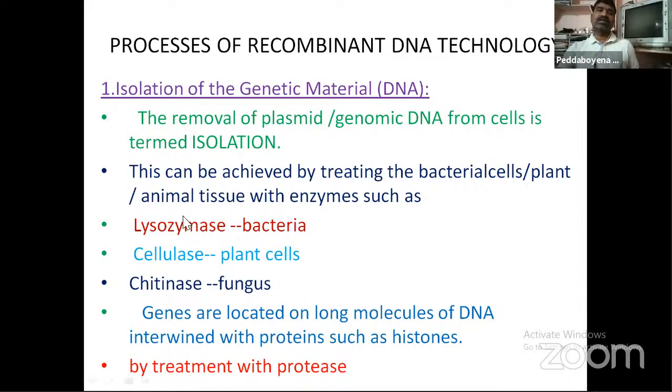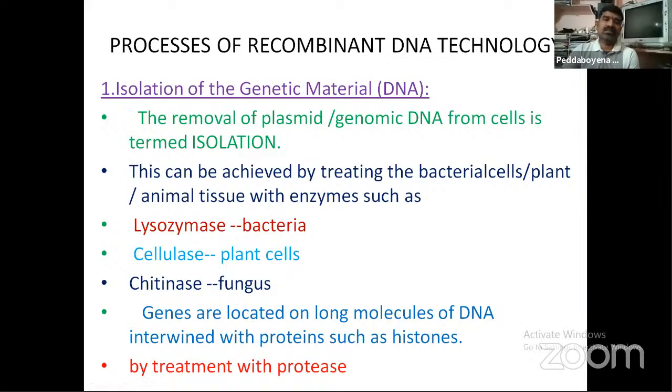For the digestion or opening purpose, we can treat with specific enzymes: lysozyme, where the bacterial cell wall is digested or dissolved; and for the plant cell, generally the plant cell wall is made up of cellulose and hemicellulose.